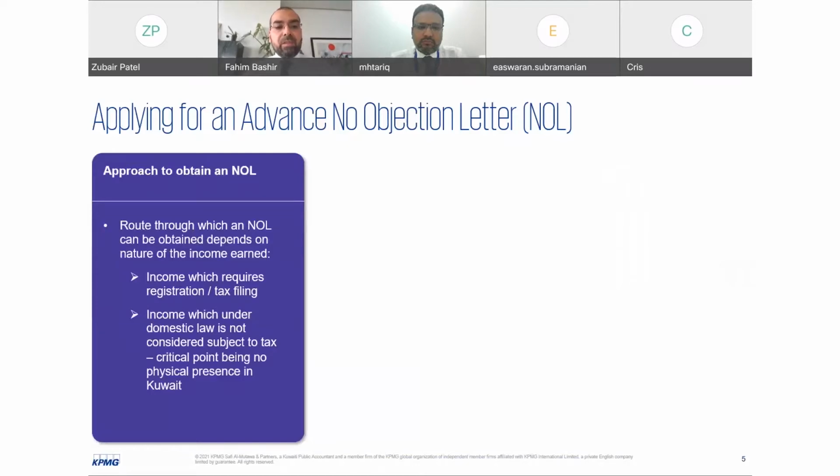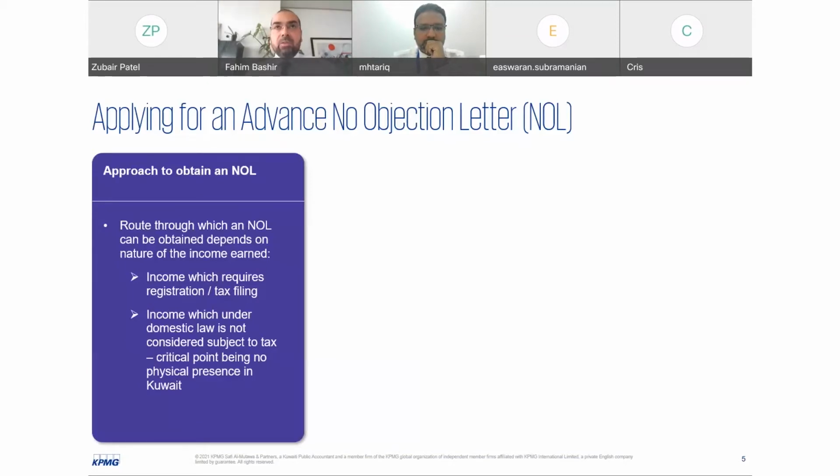So what we typically see is that there are two types of NOL. One is when you have a normal compliance process set up, where your income requires the normal registration and tax filing process, where you have physical presence in Kuwait, full registration and tax established.